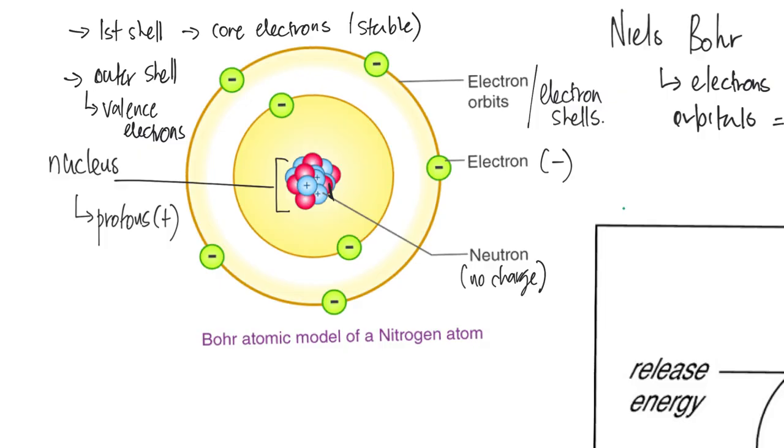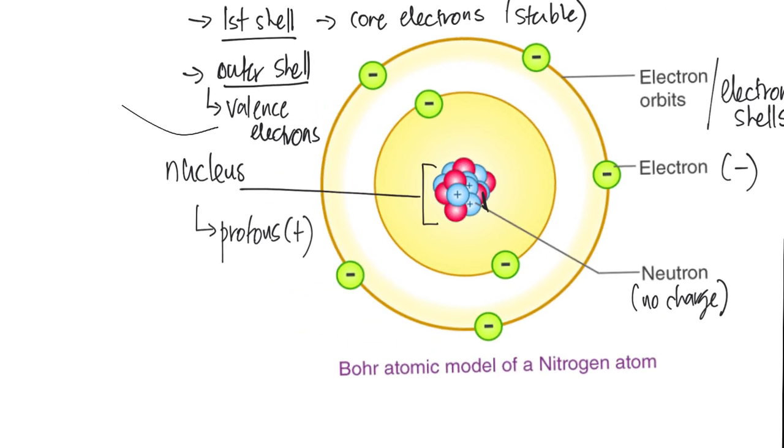This section is purely physics, but we're bringing chemistry and physics together and showing you how these two things work together. So those are the two things we have to know: that first shells are core electrons and outer shells are valence electrons. And we usually use valence electrons for chemical bonding and Lewis diagrams.